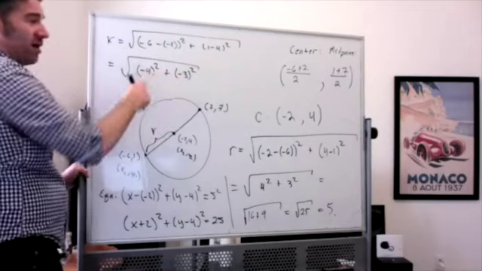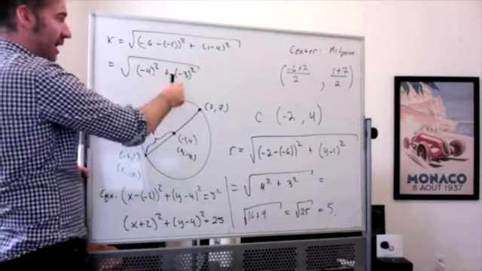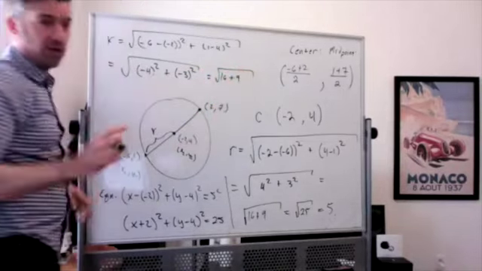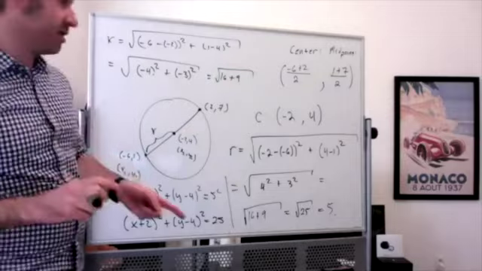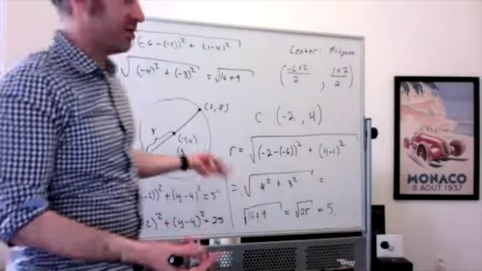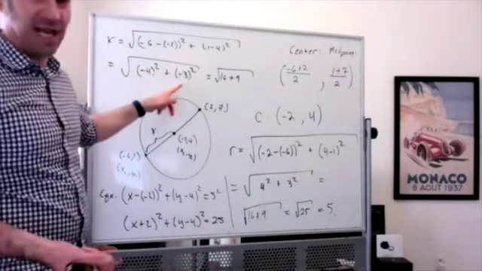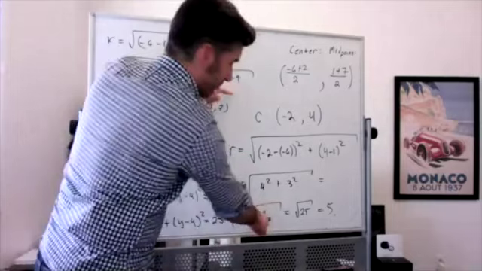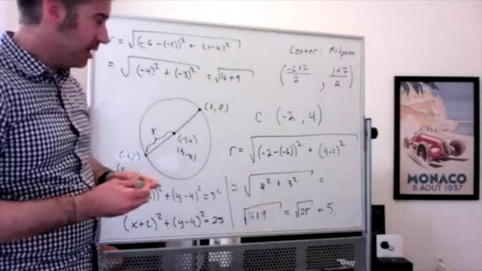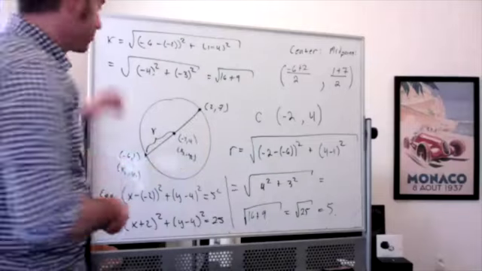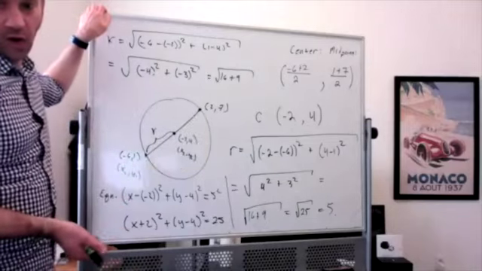But -4 squared is still +16, and -3 squared is still +9. So it doesn't matter which way you subtract them, because if you subtract them one way, you'll get a positive number and you'll square it and you'll get something. If you subtract it the other way, you'll get the corresponding negative number, but if you square that negative number, you're still going to get the same value, right? So either way it'll work. Just make sure you're doing x's minus x's and y's minus y's. That's the place where often people make an error accidentally.